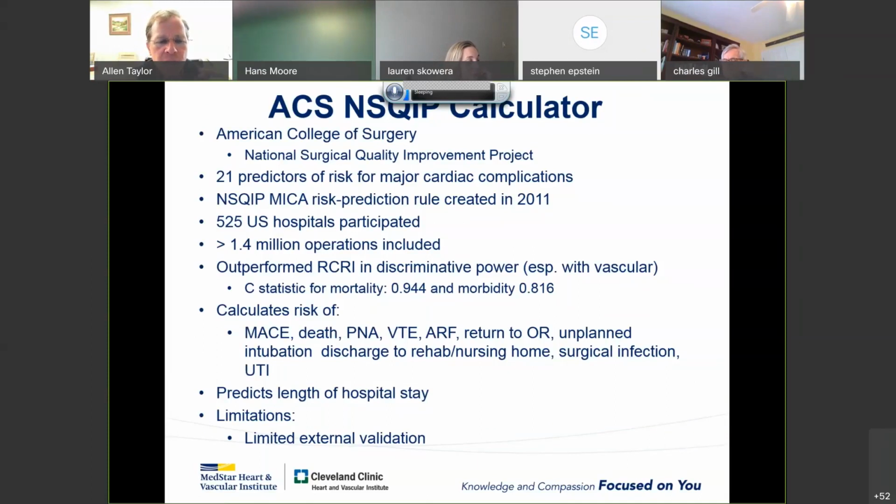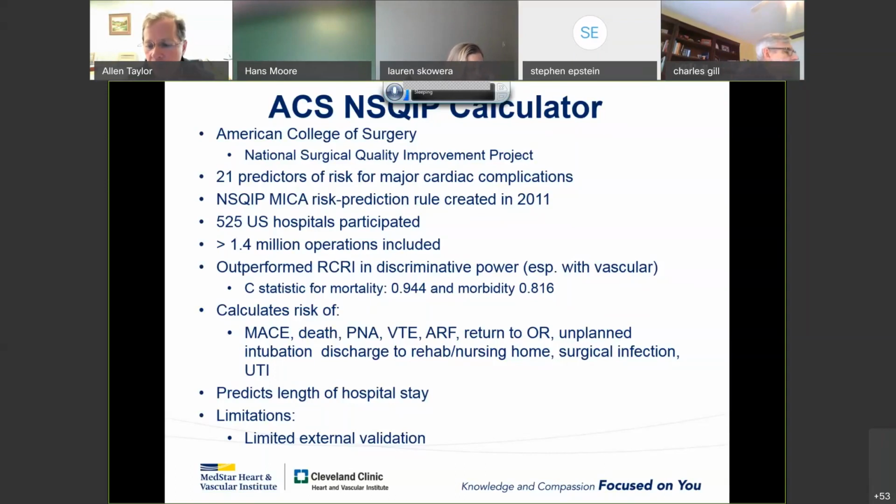And it encompasses 21 predictors of risks for major cardiac complications. So it's far more inclusive than the RCRI. And they created this prediction rule in 2011 in over 500 US hospitals. And it continues to accrue data, day by day, and now has over 1.4 million operations included.